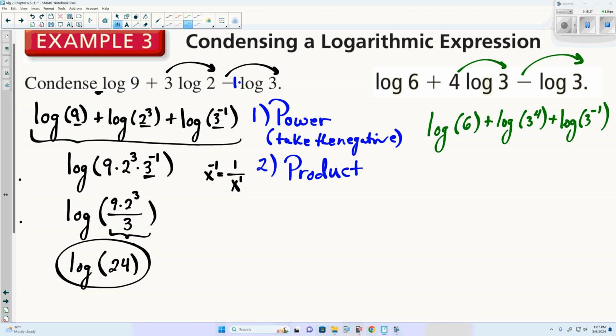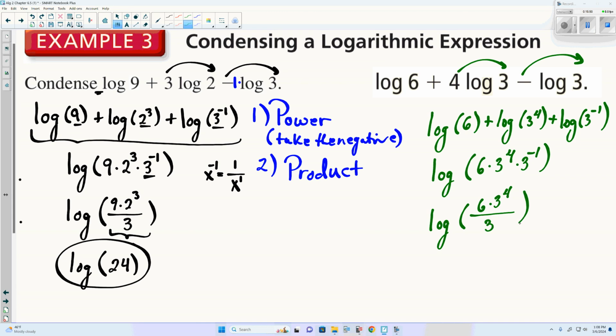Now, since we have 3 things being added, we can move on to our product, which is rewriting this as a single log and having what's inside of each of the logs being multiplied together. And then to make that exponent positive, we move it from the numerator to the denominator.